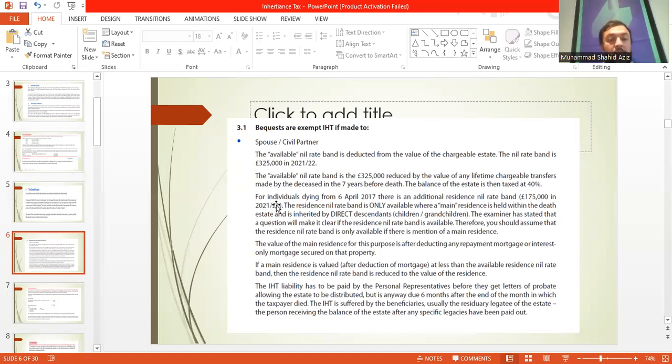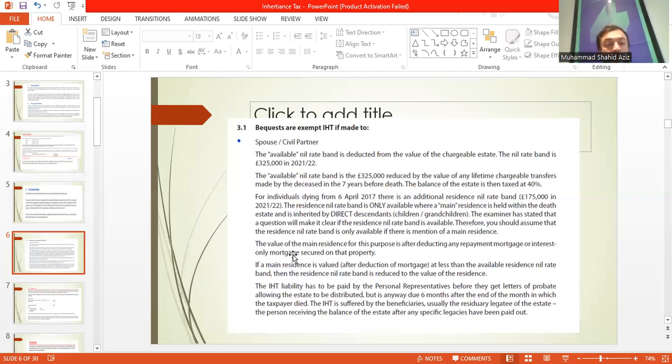For individuals dying from 6th April 2017, there is an additional resident nil rate band that I told you before. It is 175,000 pounds for 2021-22. The resident nil rate band is only available where a main residence is held within the death estate and is inherited by direct descendants like children and grandchildren.